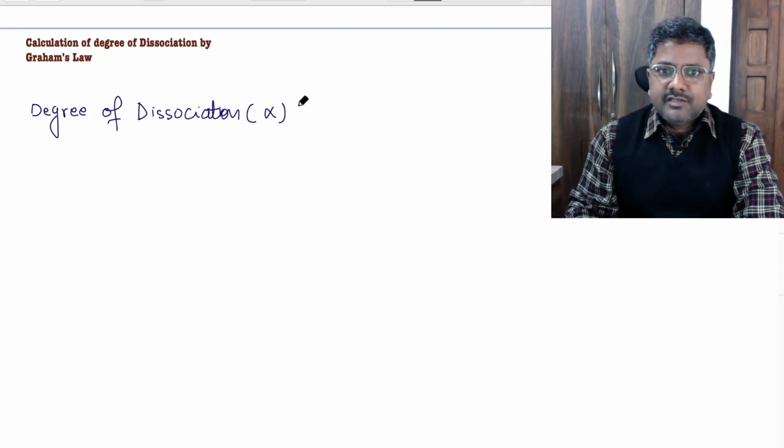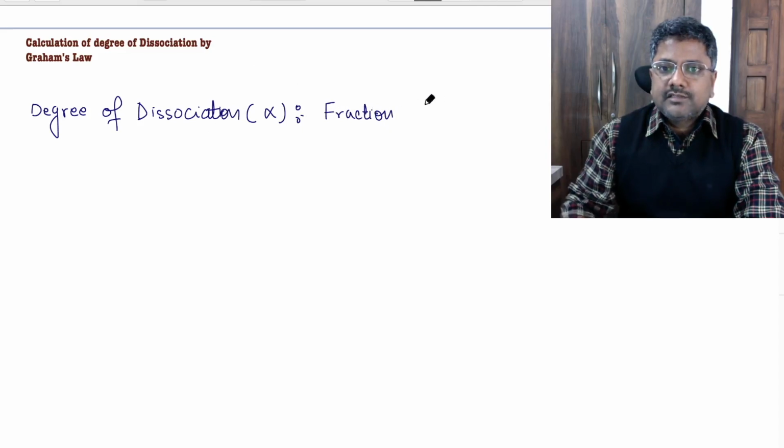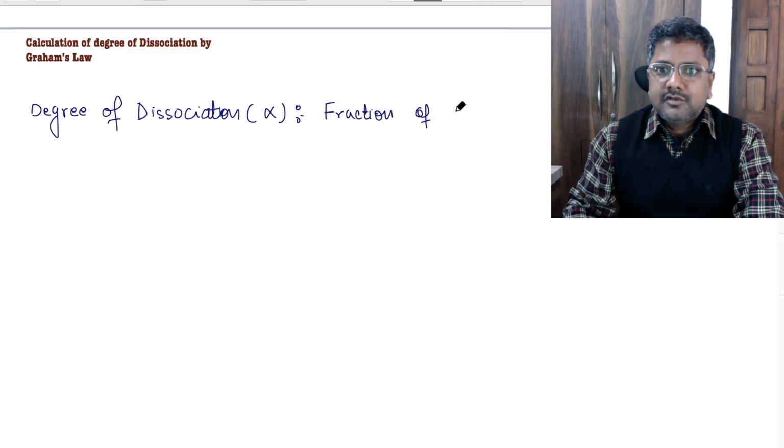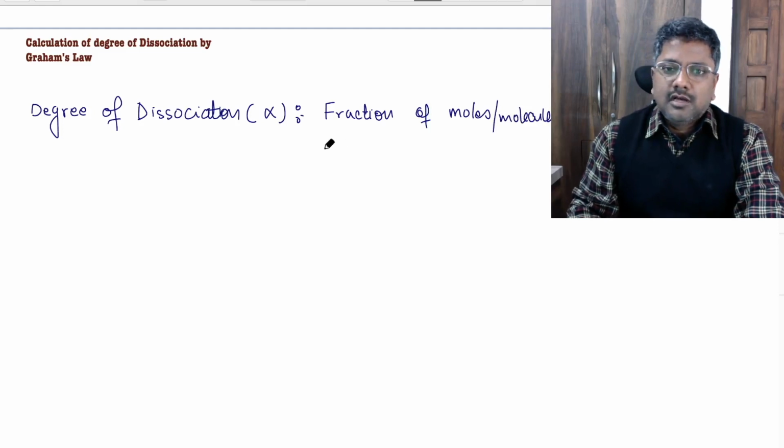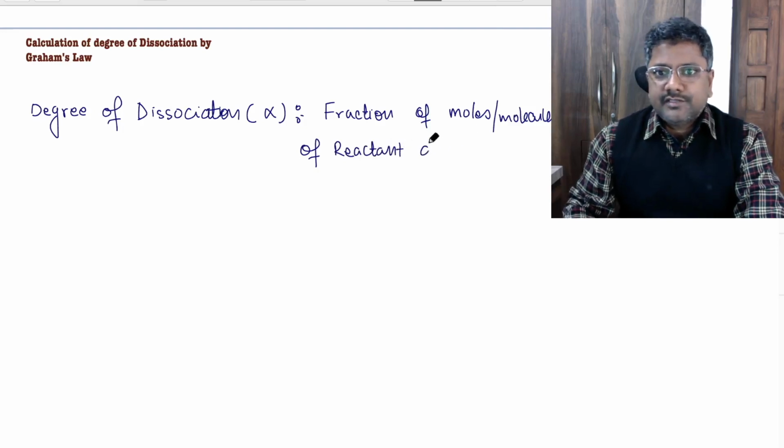What is the definition of this? Fraction of molecules of reactant that dissociates.